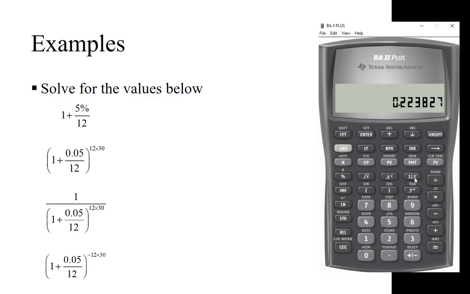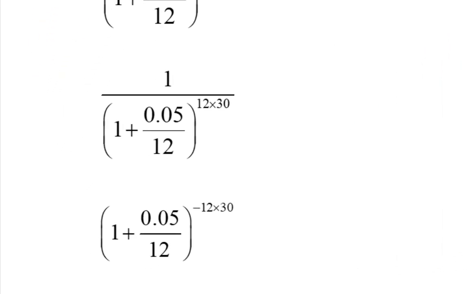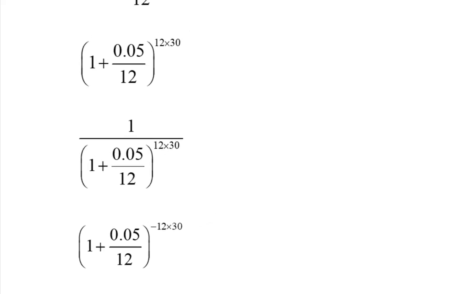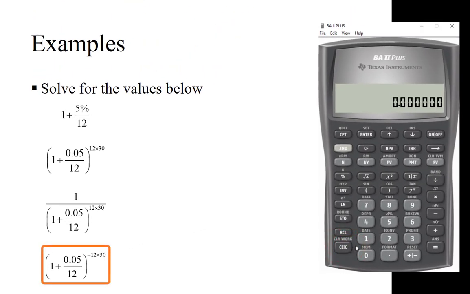Another way to think of this is to raise that exponent to a negative power. And so what we could do is go through that same operation, 1 plus. And we want to take 5%, right? Because 0.05 is the same as 5% divided by 12.